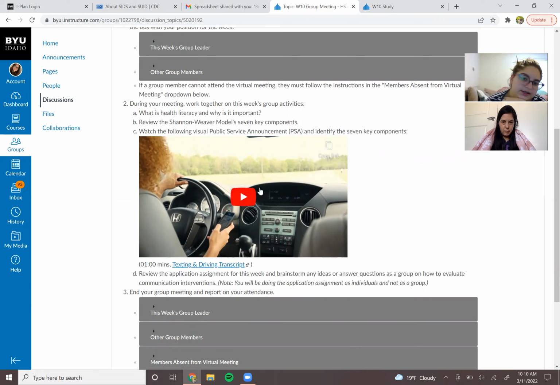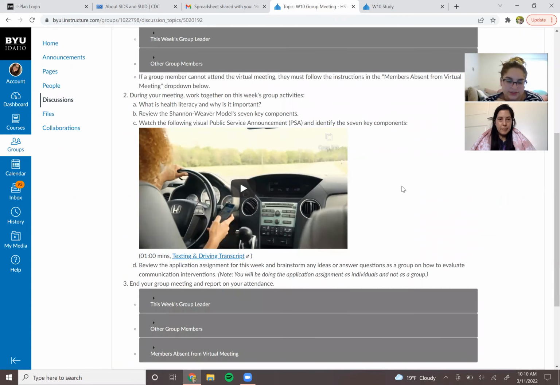Okay, what is health literacy and why is it important? So, health literacy is basically understanding health and why keeping yourself healthy is important and making sure you know what to do if you do become unhealthy or ways to keep yourself healthy.